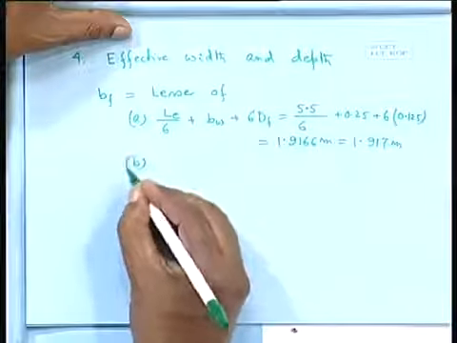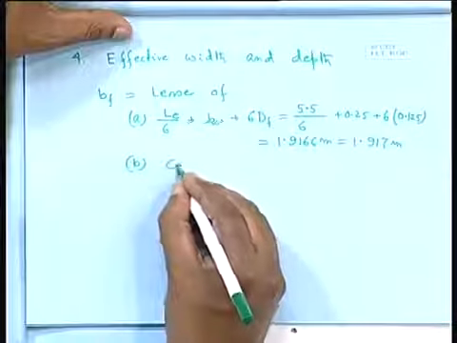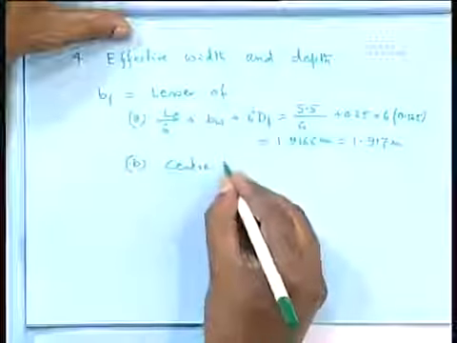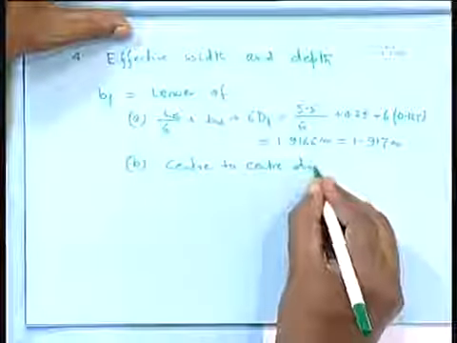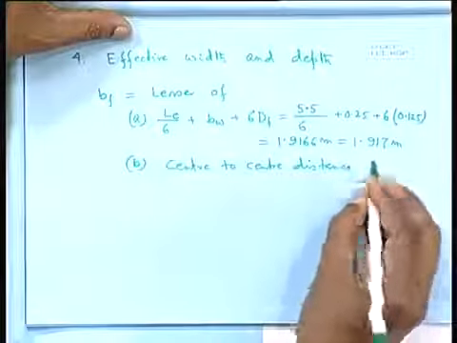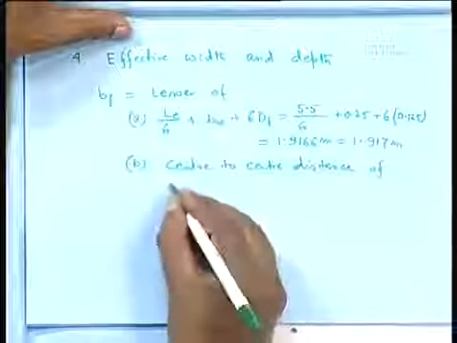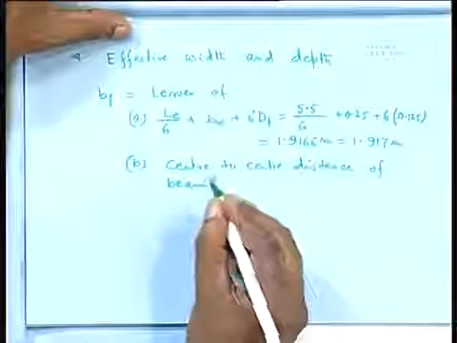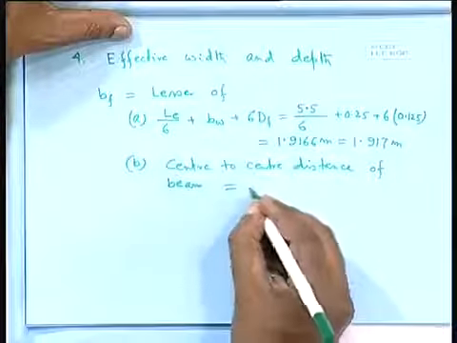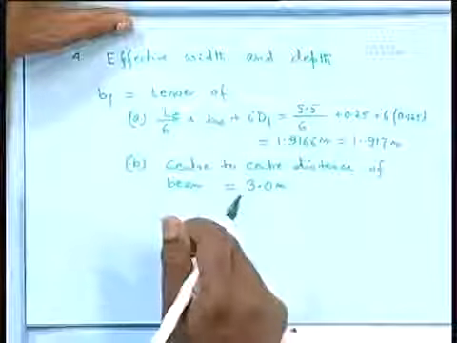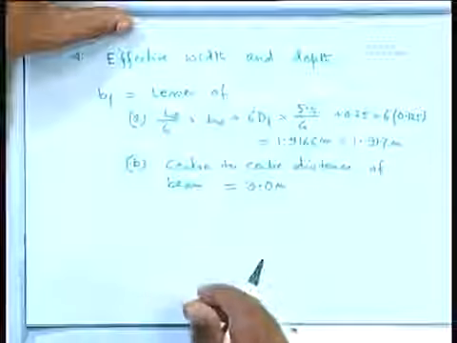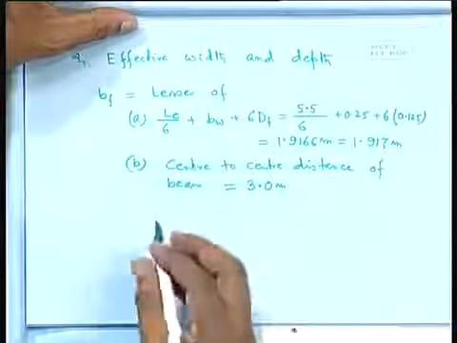The other one is B, the center to center distance of beam, which is equal to the spacing, that is 3 meter, and we have to take the lesser of these, whichever is the minimum.